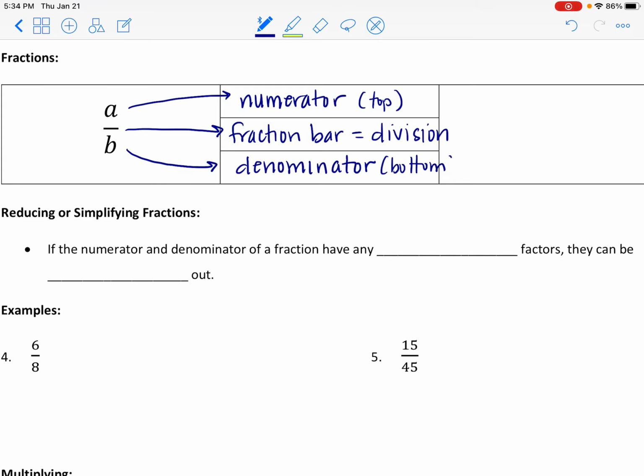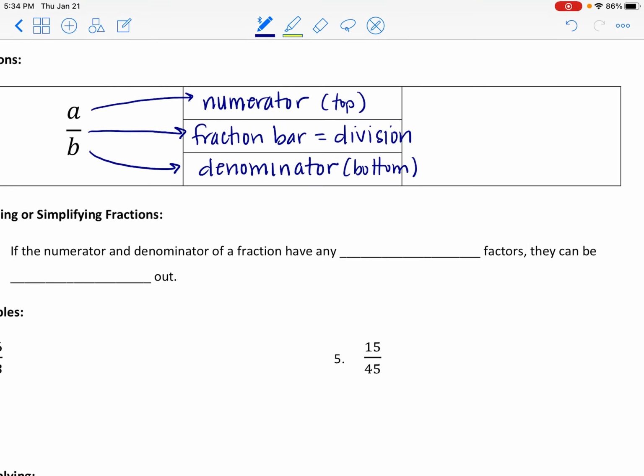All right, and one little stipulation with fractions. Not sure if you know, or maybe you have forgotten, but there is one specific number that we cannot have in the denominator, in the bottom of the fraction, and that number happens to be 0. Think about if you had 0 in the bottom of the fraction, like 1 over 0. Okay, when you give a fraction like 1 over 2, that's one of 2 parts.